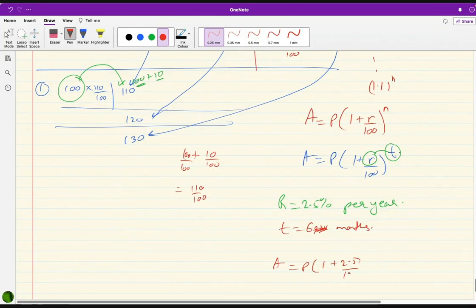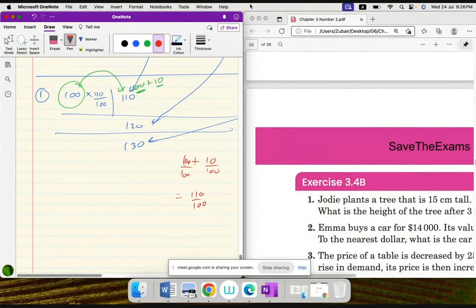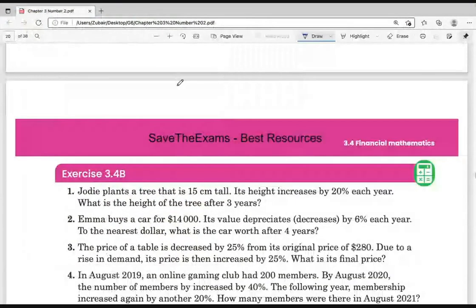So 2.5 over 100. See, R is in years. So I will put 0.5, because 6 months is equals to 0.5 year. So both have to be same, or else I will have to multiply rate with 12 to change it, or divide by 12 to change it to monthly. Both should be in months, or both should be in years.